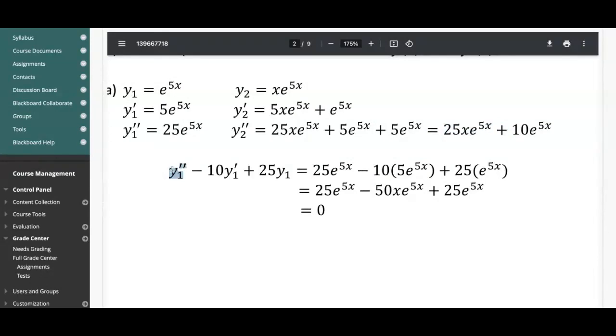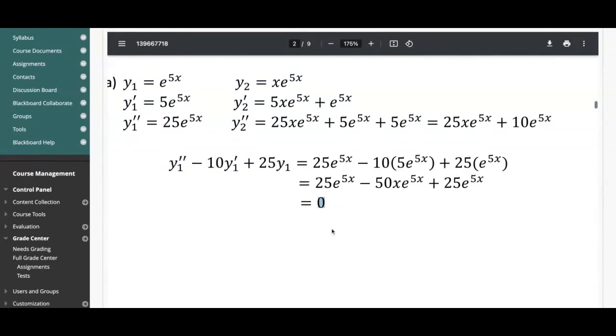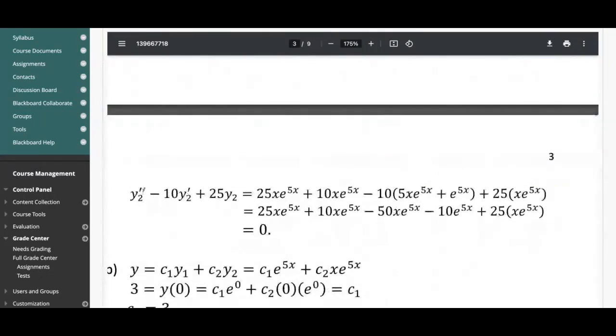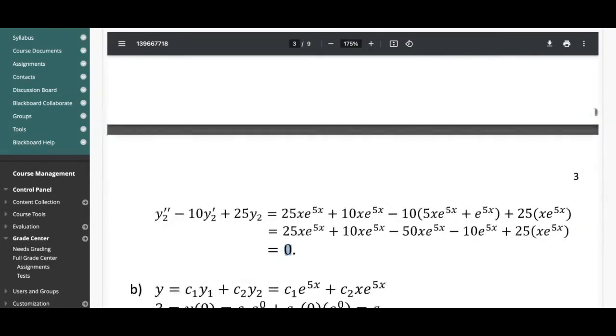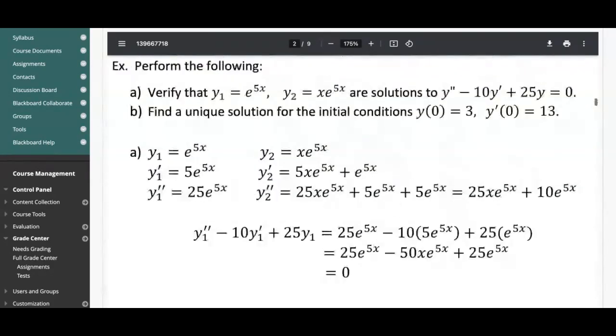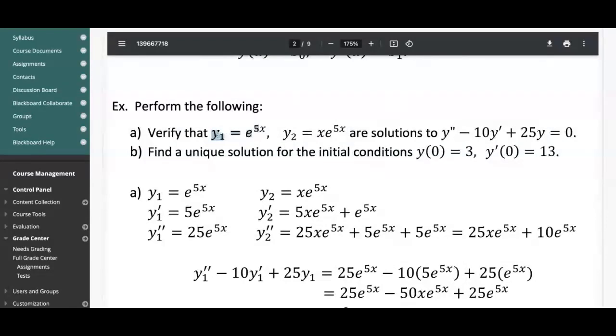So plug in y1, y1 prime, and y1 double prime, and we get 0. Plug in y2, y2 prime, and y2 double prime, and indeed, after calculation, we also get 0. So that proves y1, y2 are indeed solutions to this equation.